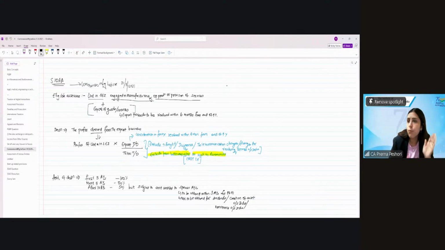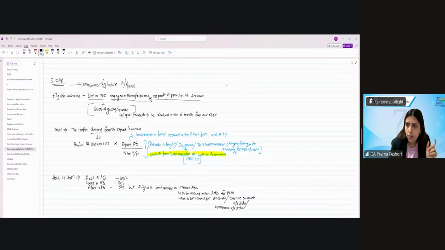Same thing as we had for the ICAI deductions. Again, if the transaction value is more than 20 crores, then it will be classified as a specified domestic transaction where transfer pricing becomes applicable, and in that case it has to be at what price? Transfer price, arm's length price.